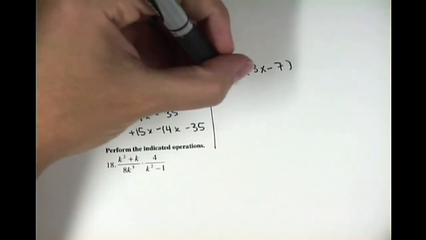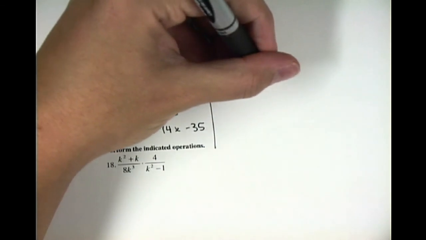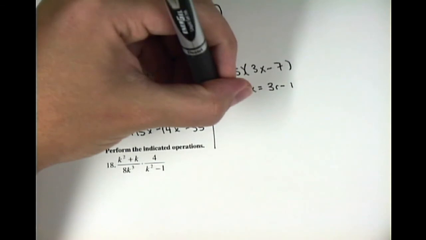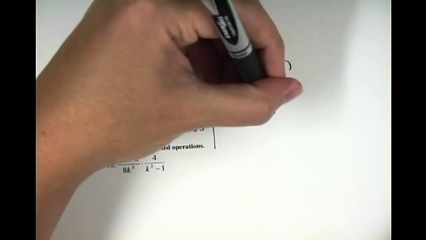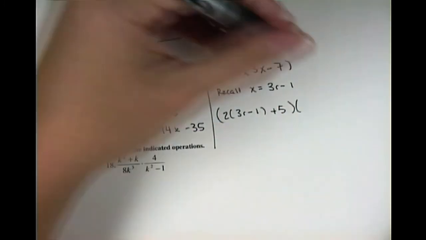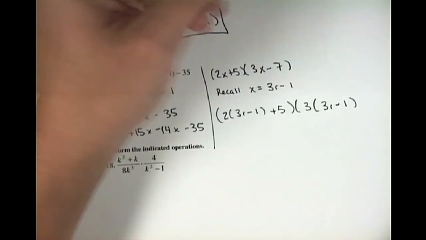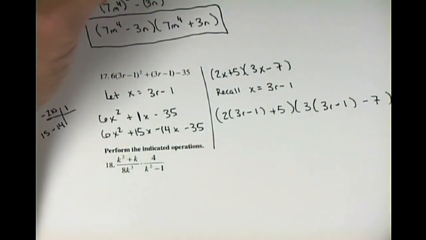Now what you want to do is recall that x was 3r minus 1. So substitute that back in. 2 times 3r minus 1 plus 5, and then that's times 3 times 3r minus 1 minus 7, which looks kind of gross.